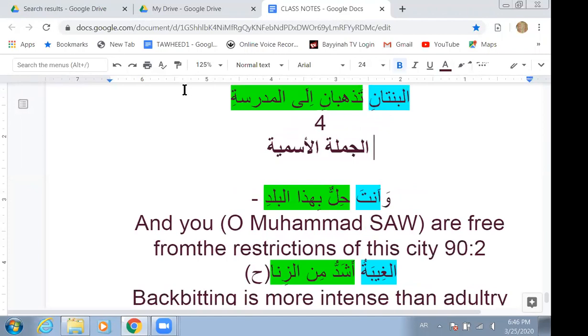This is the last topic for us now. So when the khabar is a jumla ismiya. The first example is وَأَنْتَ حِلٌّ بِهَذَا الْبَلَدِ, Surah Al-Balad, ayat number 2. So anta is the mubtada, حِلٌّ بِهَذَا الْبَلَدِ itself is a jumla ismiya. حِلٌّ is going to be the mubtada, and then ba is the harf jar. هَذَا الْبَلَدِ you can take as ism isharah musharun ilayh, or you can also take it as badal and mubdal minhu.